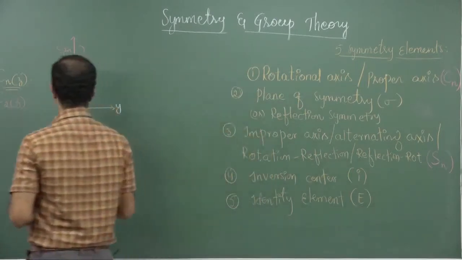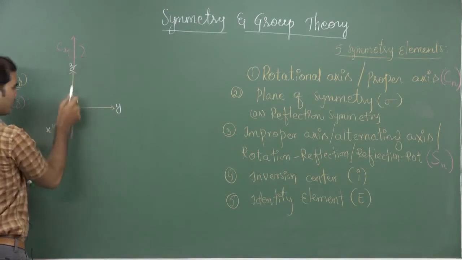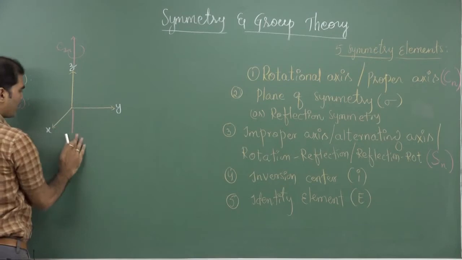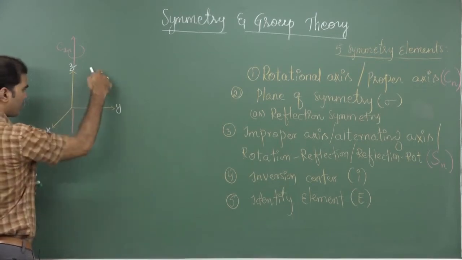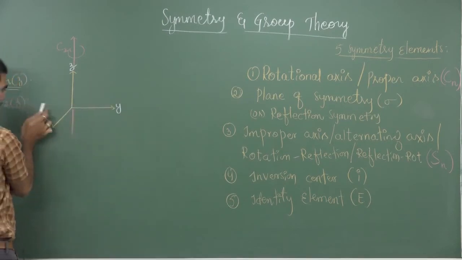Now based on this, we can see that here it is passing through Z. So Z will not exchange with minus Z, Z will remain, but X will shift into minus and Y will shift into the minus coordinate or the minus phase.